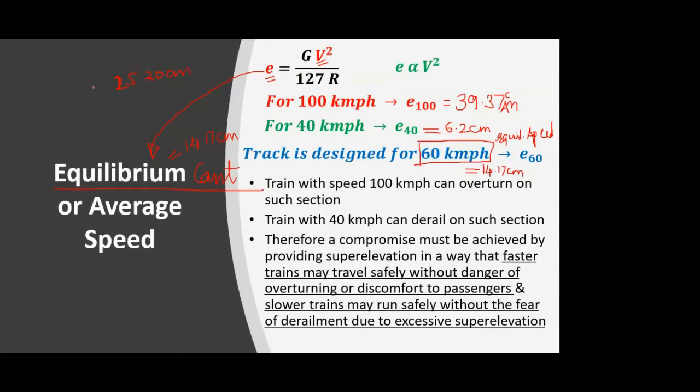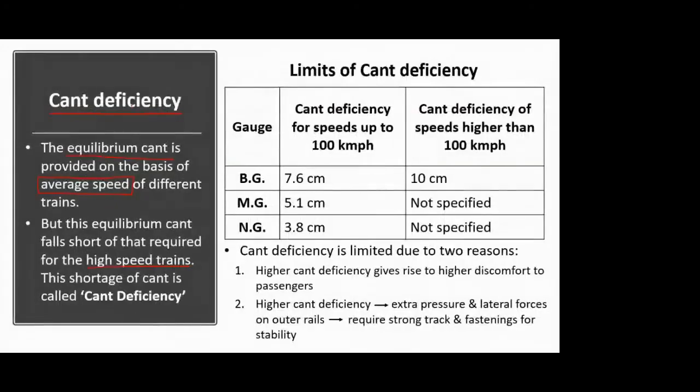We are providing less super elevation, and that much difference, that much less super elevation that we are providing, is nothing but the Cant deficiency.